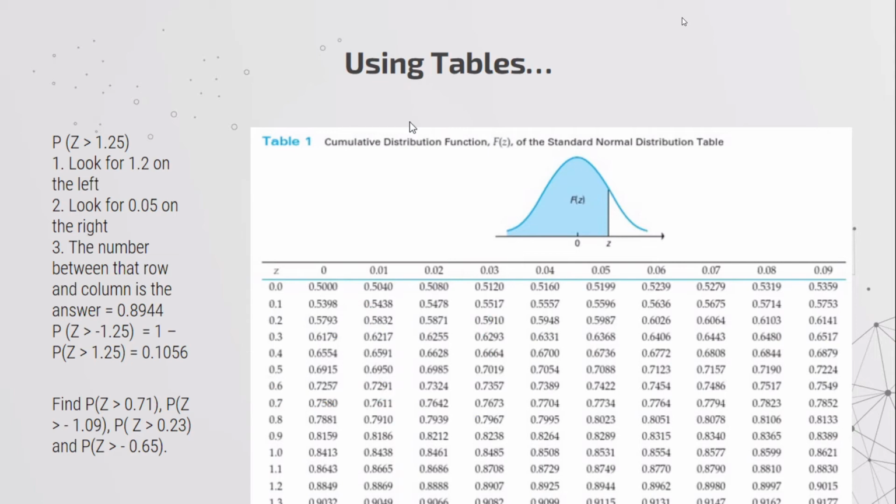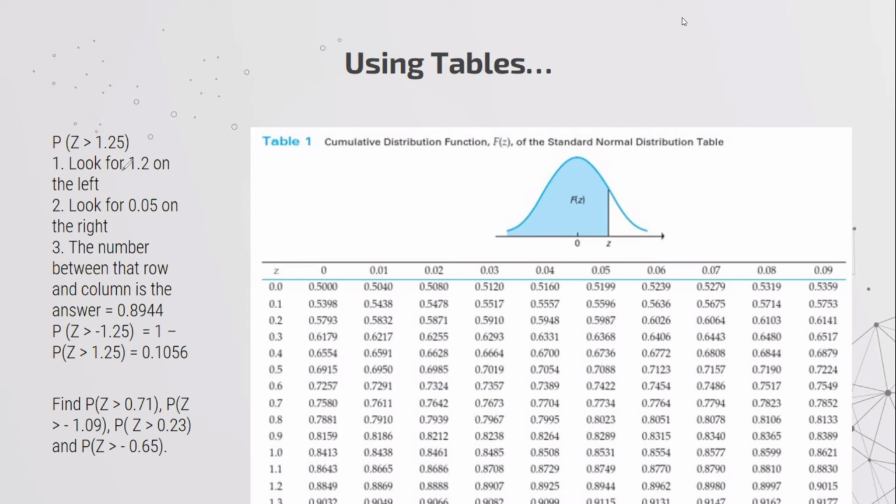Do you know how to find those numbers here that are below the graph, the area below? Okay, I'll just give you the quick method, or rather just the way to do it.